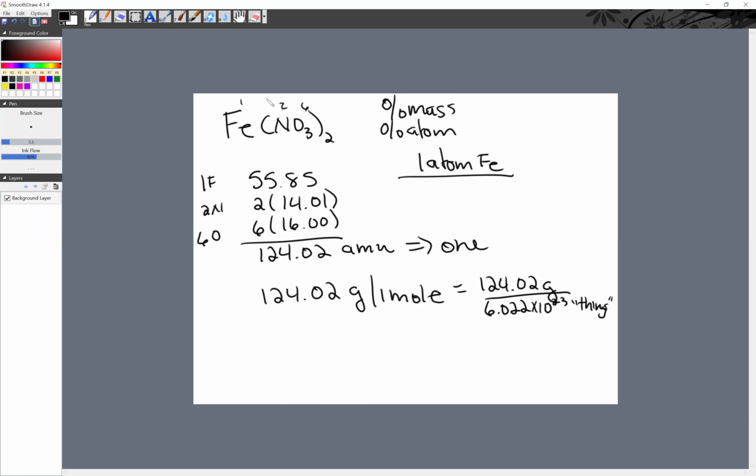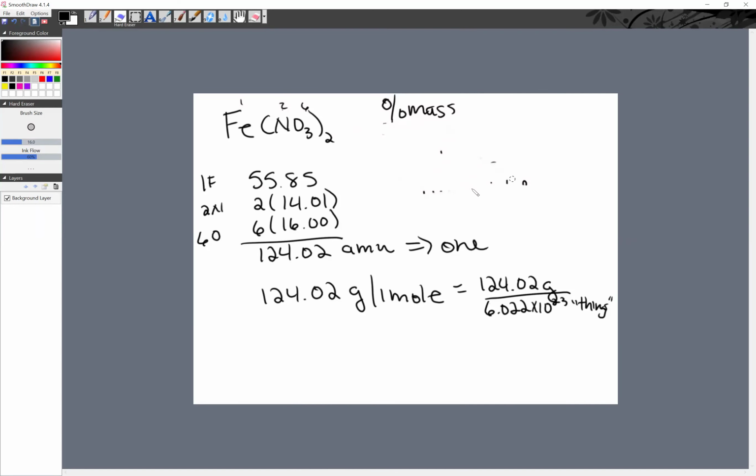So 6, 7, 8, 9. All right, but I already knew that. Okay, I already know the formula. So usually when you see percent, it's always called mass percent, and I'm talking about the actual weights. So this one's not so useful.